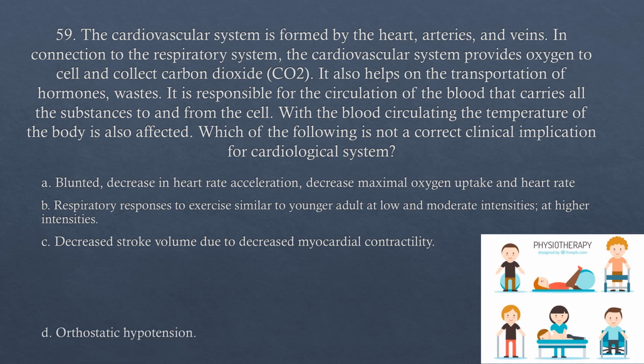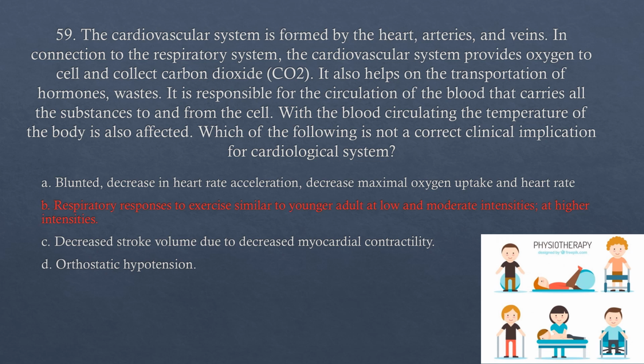Or D. Orthostatic hypotension. And the answer is letter B. Respiratory responses to exercise similar to younger adult at low and moderate intensities at higher intensities. Let's go to the next question.